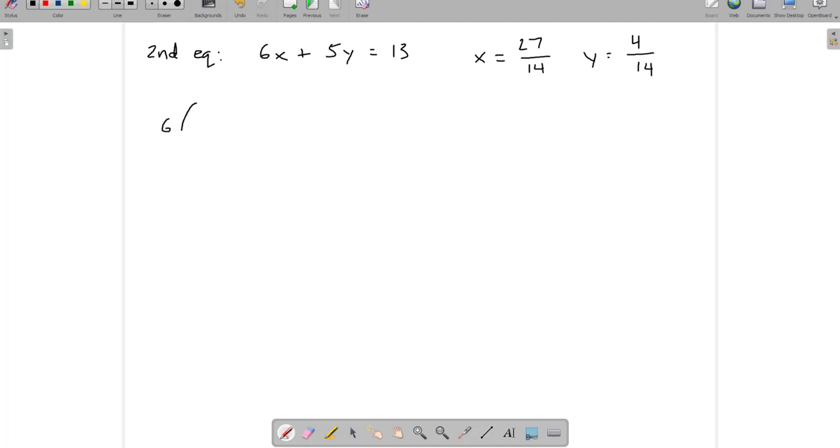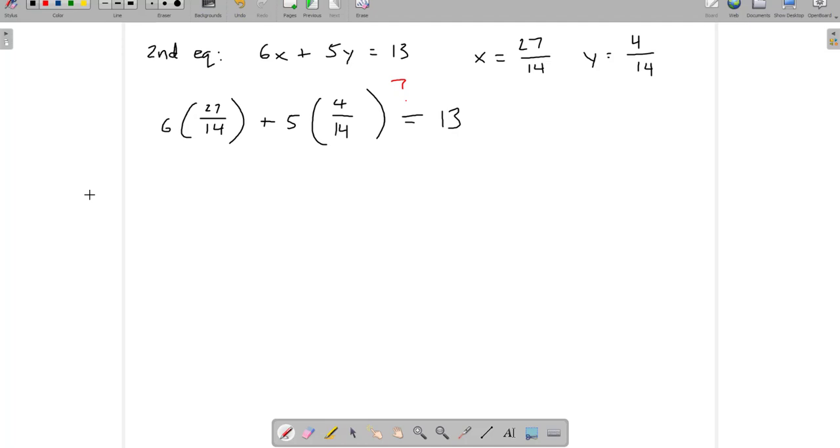So we'll plug in 6 times 27 over 14 plus 5 times 4 over 14, and we want to check and see if this equals 13.